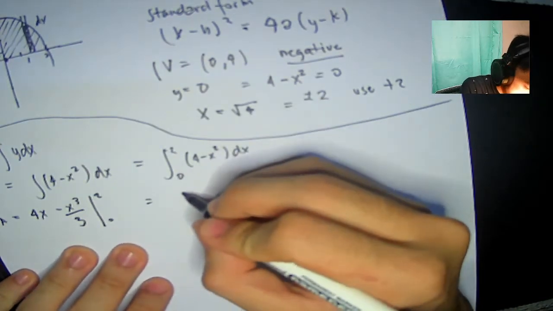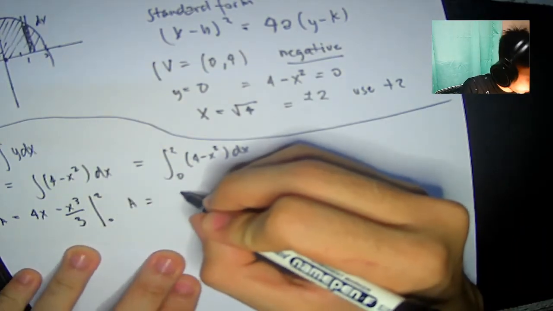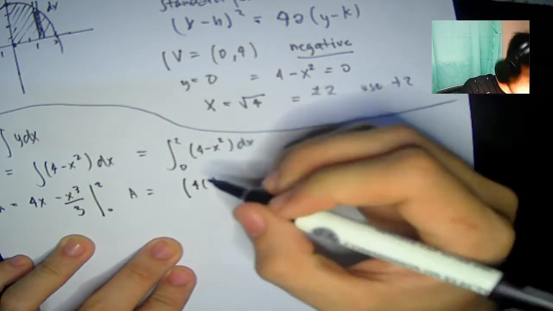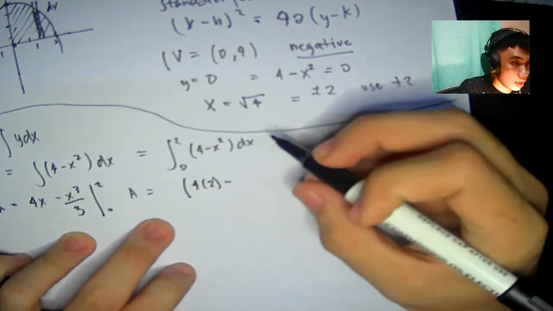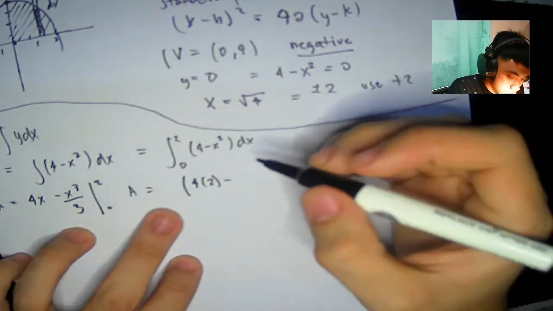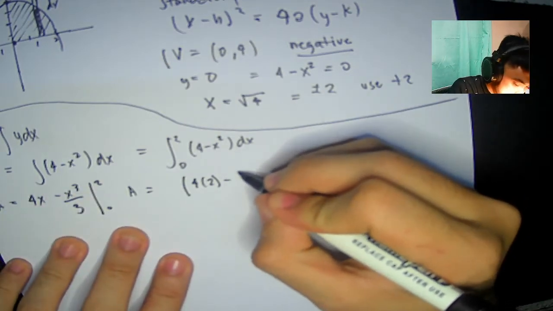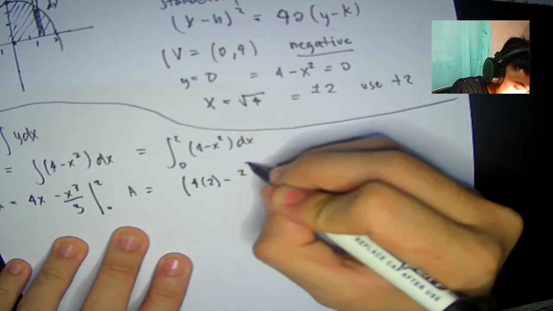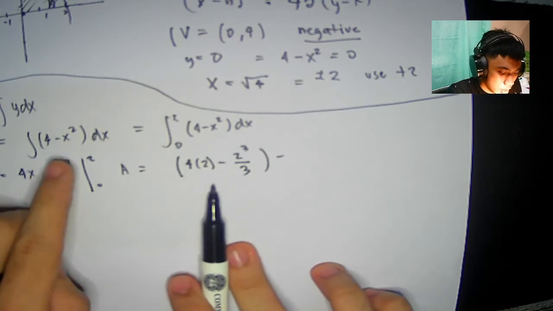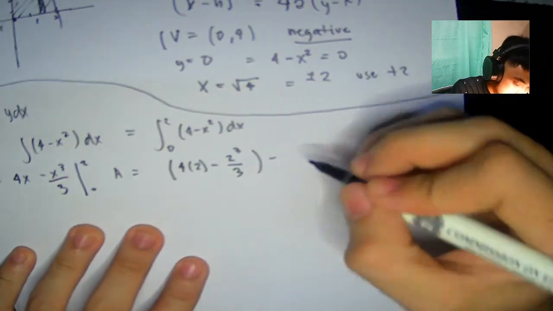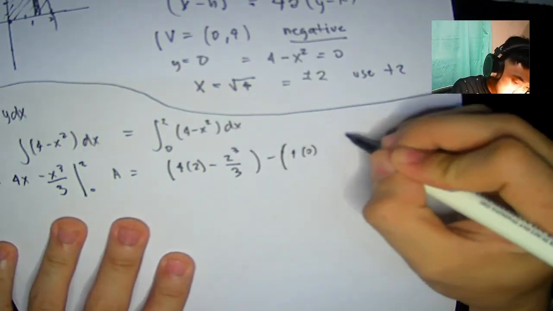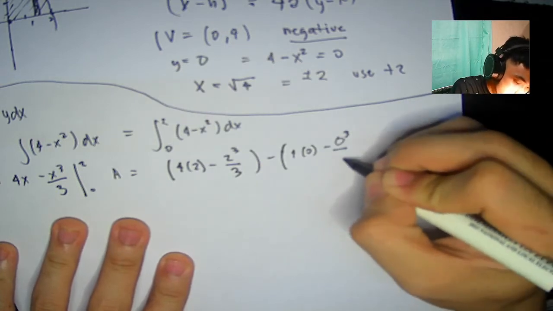So A will be 4x for the first, 2. 4 times 2 minus x cubed, so x should be 2 cubed over 3, this is our higher limit, and the lower limit is minus 4 times 0 minus 0 cubed over 3.